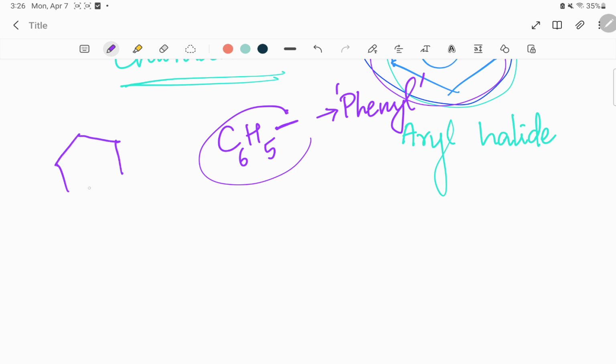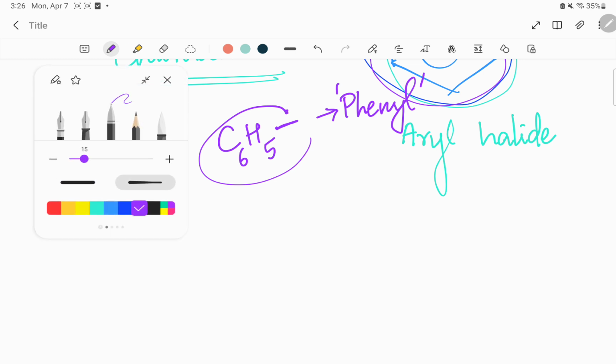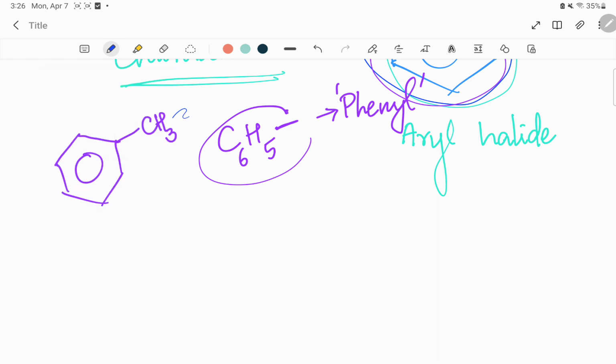Benzyl on the other hand is toluene with one free valency. So if we are having a toluene chain, toluene is benzene with CH3. If we are substituting one of the hydrogens here with chlorine, then this is known as benzyl chloride.